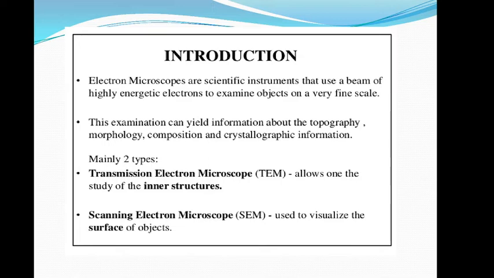We know the electron microscope is a type of microscope. The difference from other types of microscope is that it uses a beam of electrons to create an image of the specimen. So it is capable of much higher magnifications and has a greater resolving power than light microscopes.